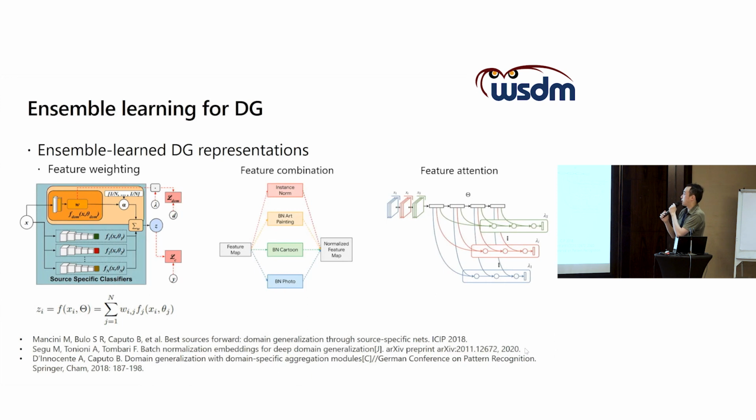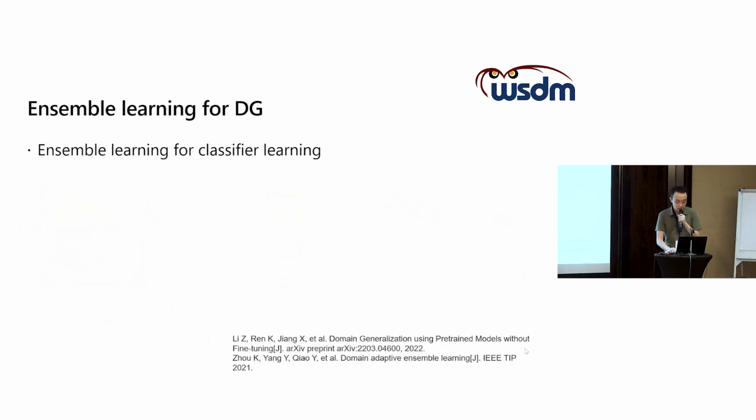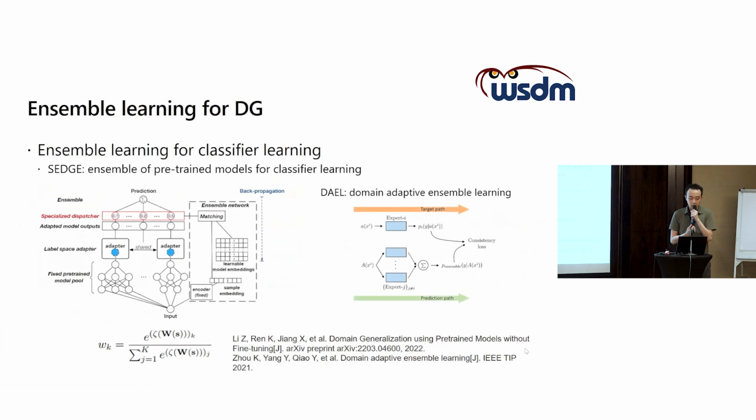Therefore, we can apply ensemble learning based on the feature space, for example, based on the output of these batch normalization layers, to see whether better performance can be achieved. Besides the feature level, one can also apply ensemble learning at the classifier level.